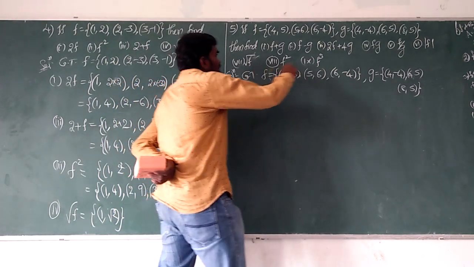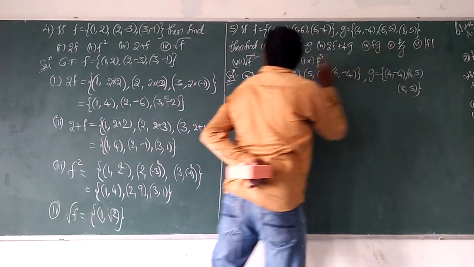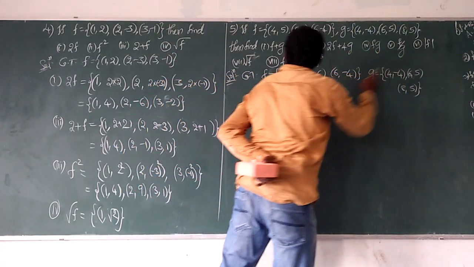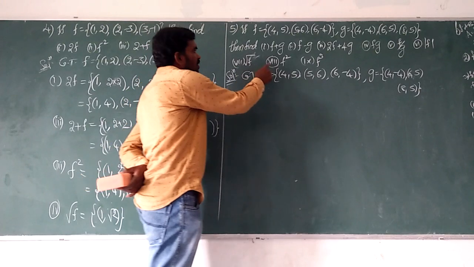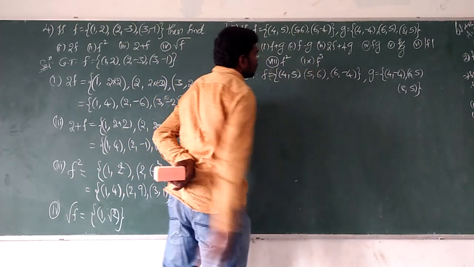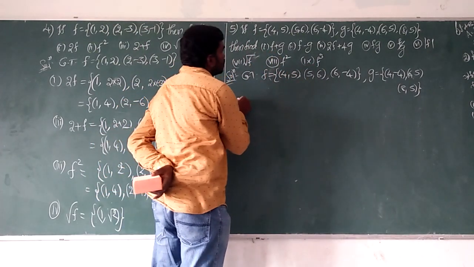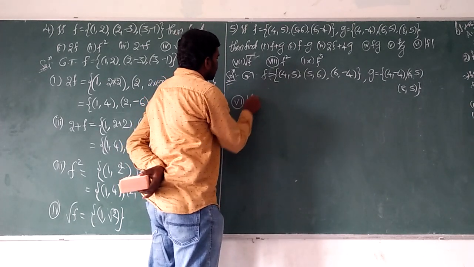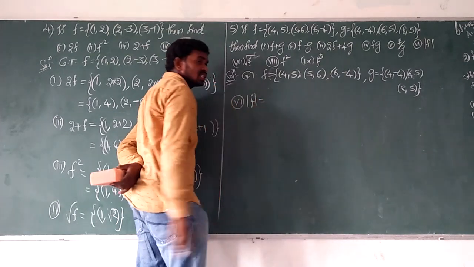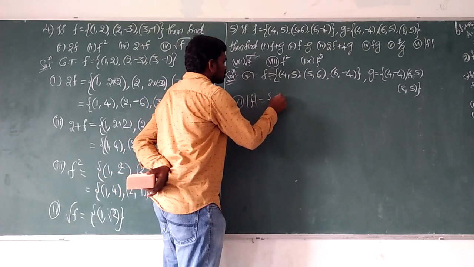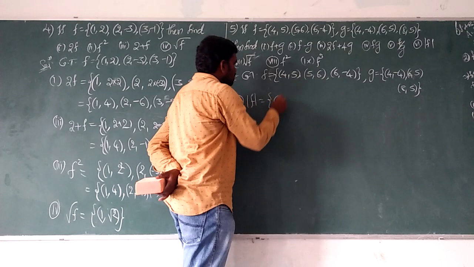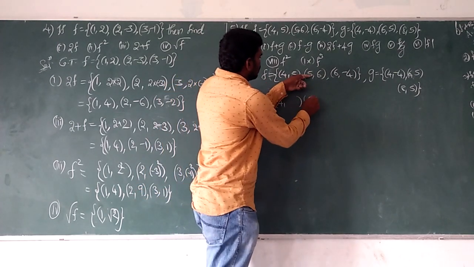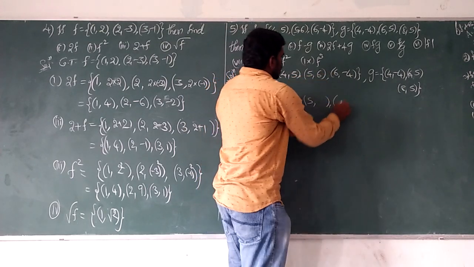Let us see first of all the 6th one, modulus f, 7th one root f, 8th f square, 9th f cube. After that we can see f plus g. Okay, 6th one, modulus f equals what we can write? Set of: first elements written as they are, 4, next 5 comma, next 6 comma.